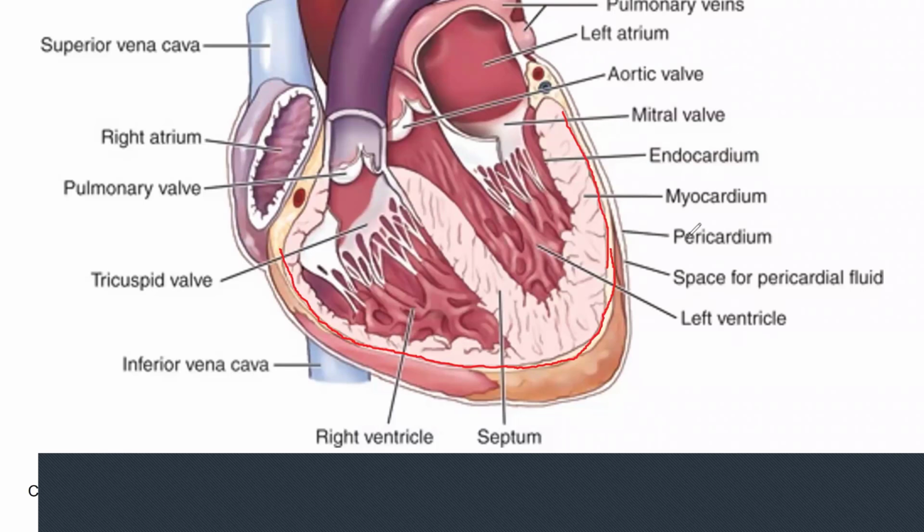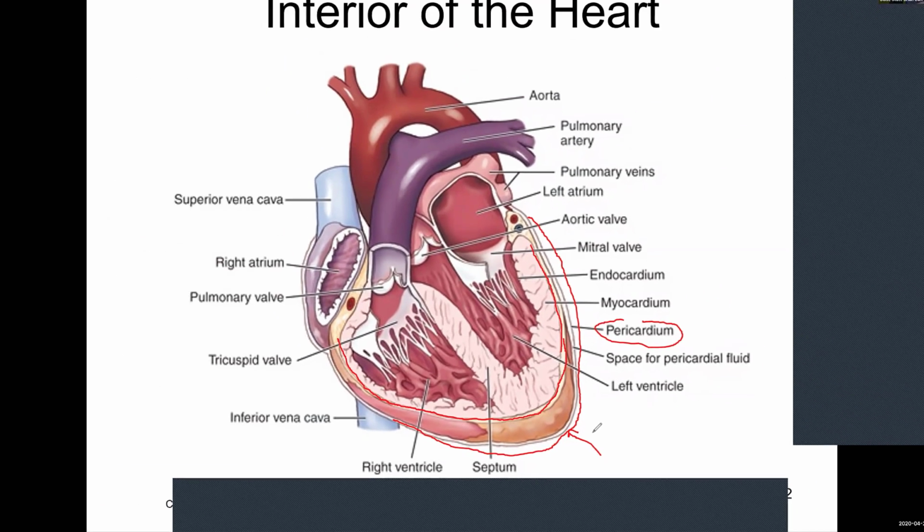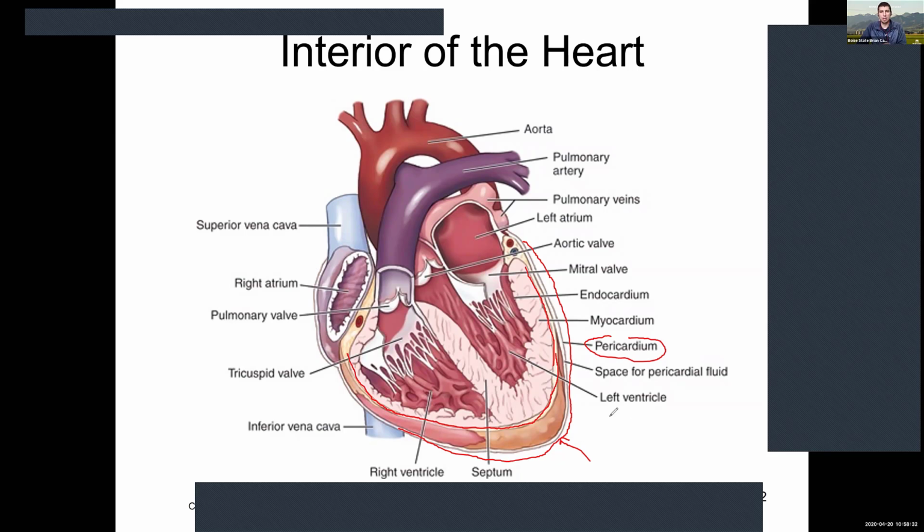But then you have the pericardium, which is this outer layer out here, this little white thing that's depicted in this picture. So the pericardium in itself is a sac, and it has two layers. It has one layer that is wrapped around and is actually laying on the heart muscle itself, and that is called the visceral pericardium.